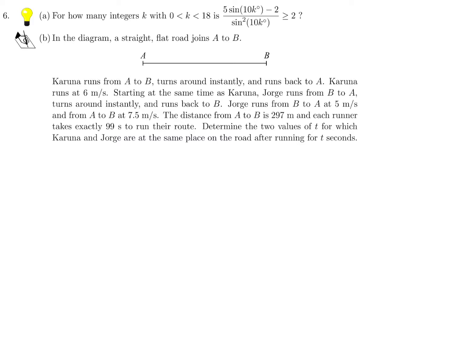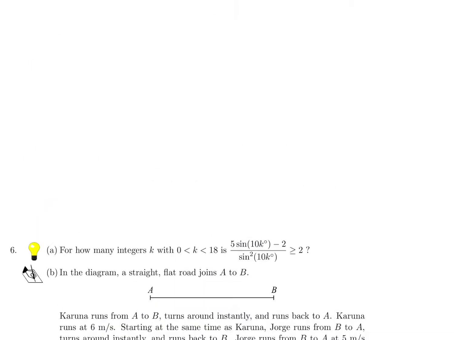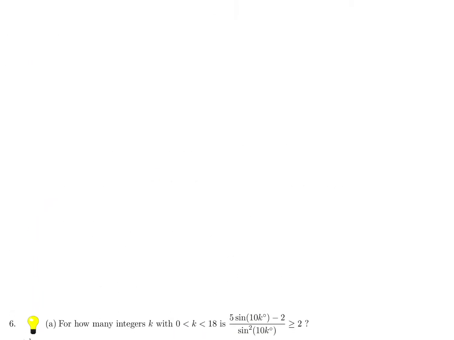For how many integers k with k between 0 and 18 is (5 sine 10k minus 2) over sine 10k, squared, greater than or equal to 2? Well, the sine of 10k, just for the sake of simplicity, I'll just call it x, or whatever letter you want to use, and then we'll come back to it.